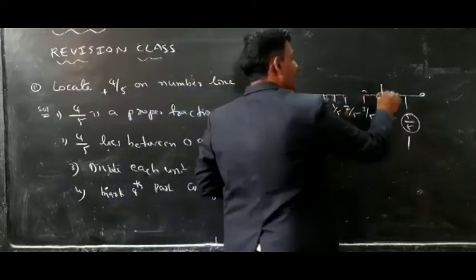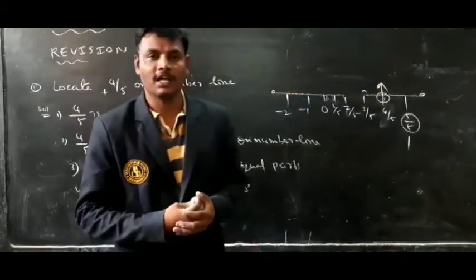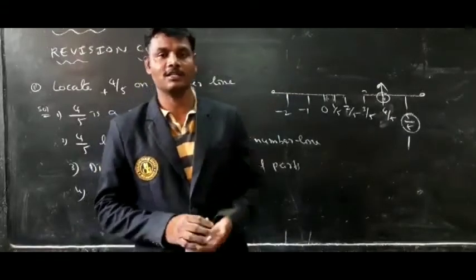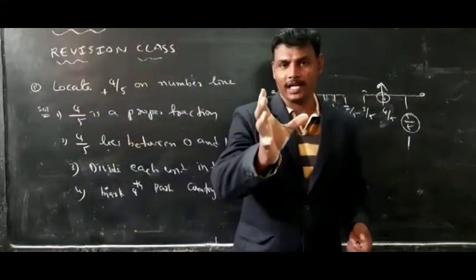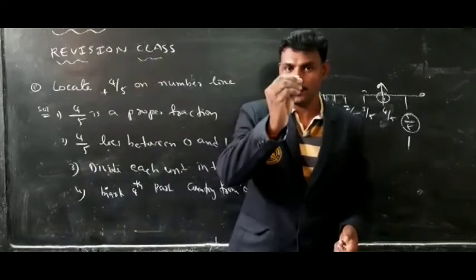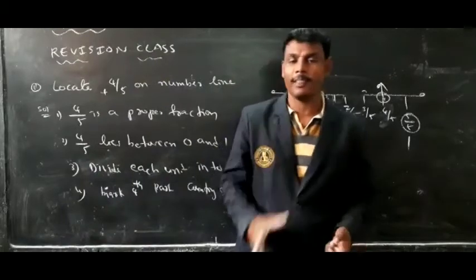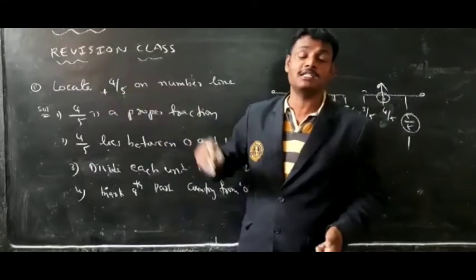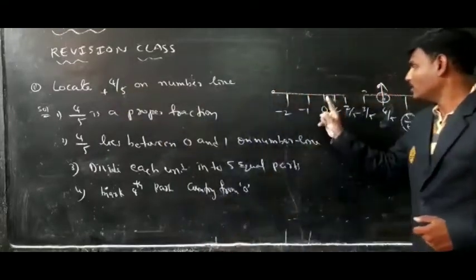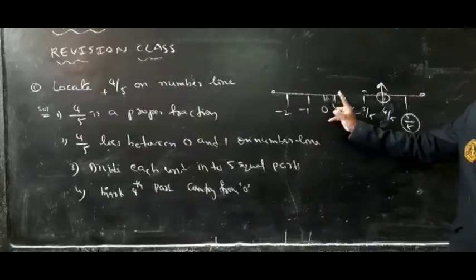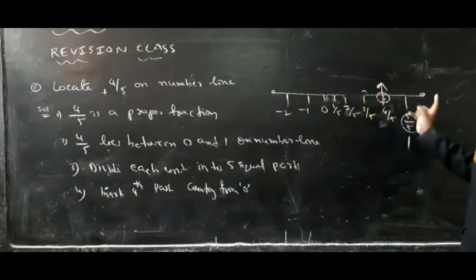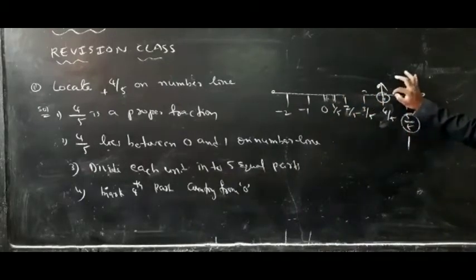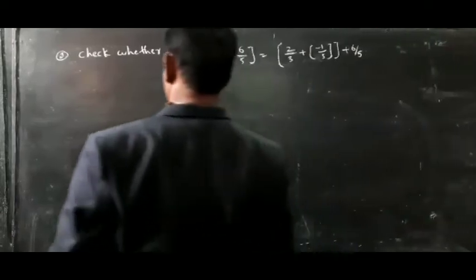So this is the required location of 4 by 5. What is the process? 4 by 5 is a proper fraction. The value of a proper fraction lies between 0 and 1. Then each and every unit is divided into 5 equal parts. Now count the fourth part, counting from 0 to the right side of the 0. Now this is the location of 4 by 5.